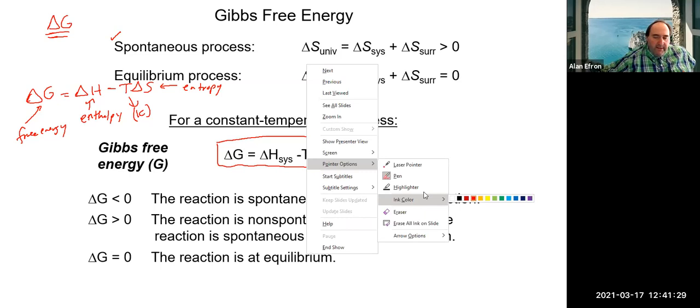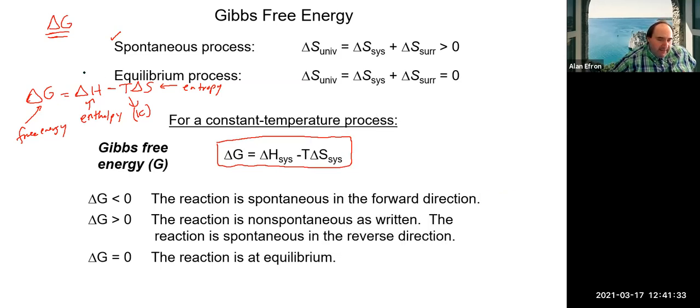So with this way of calculating delta G, it is really important to watch your units. As I mentioned a number of times before, delta H values are typically in kilojoules. Delta S values, as we just saw, are typically in joules. A very common mistake people make is to not convert the units.